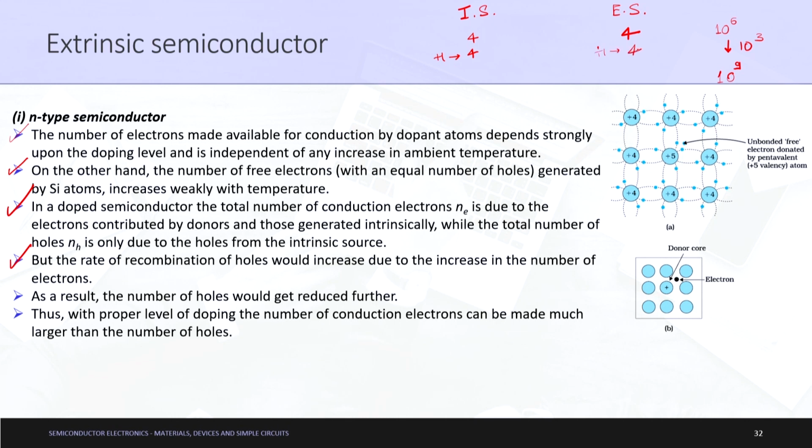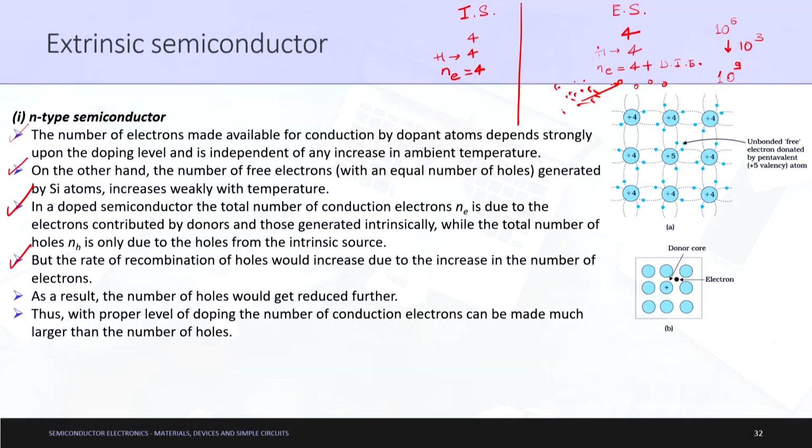Here also holes will be 4 only, but the number of electrons Ne here will be 4 plus donor impurity electrons. Hence, the number of electrons present in the extrinsic semiconductor is much higher, and the holes are that much only. If the electrons are much higher and the holes are the same as in the intrinsic semiconductor, the recombination can happen at a much higher rate, because the population of those electrons is much higher. Hence, the recombination rate is higher in the extrinsic semiconductor.